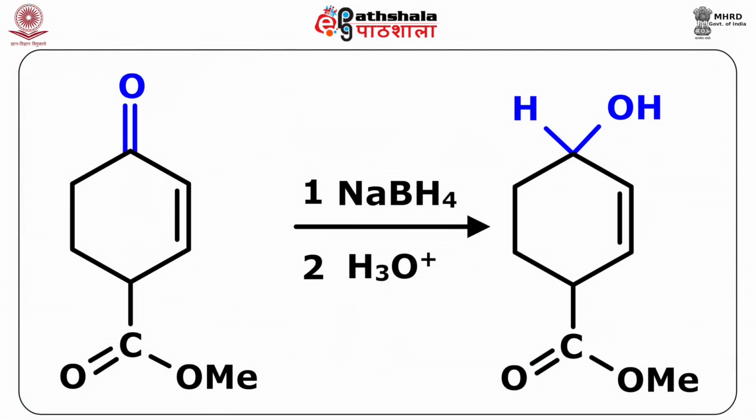For example, look at this particular case. In this molecule which has a ketone, alkene and ester, only the ketone group is reduced to the corresponding alcohol group. The carbon-carbon double bond as well as the ester functional group are unaffected. There can be steric approach control in reactions also.